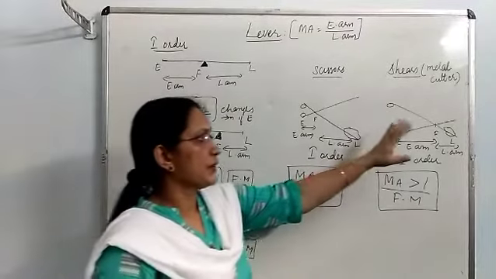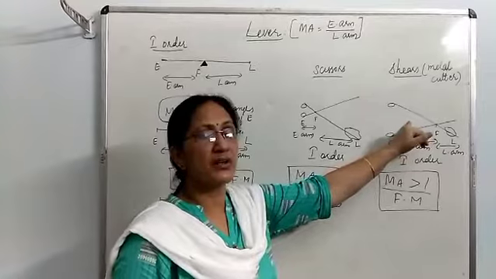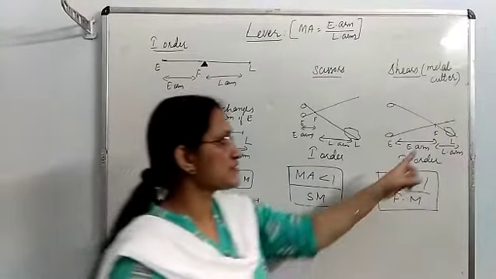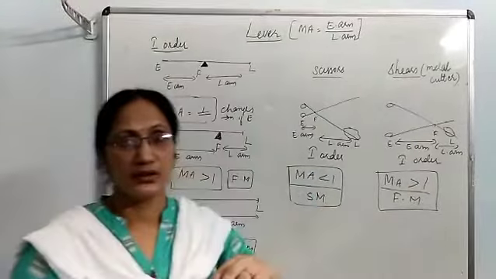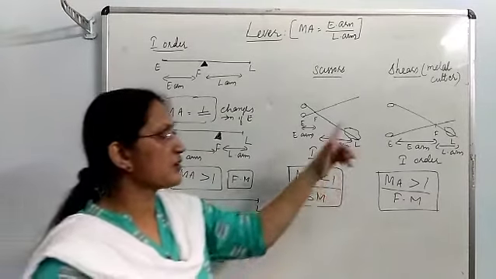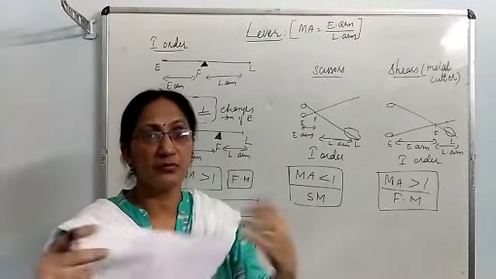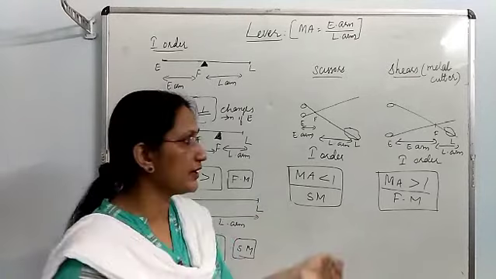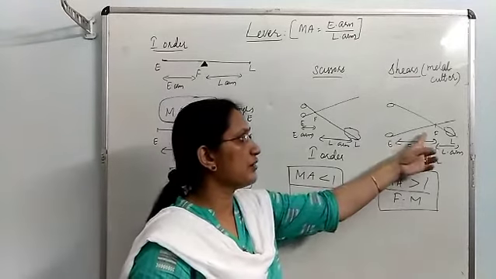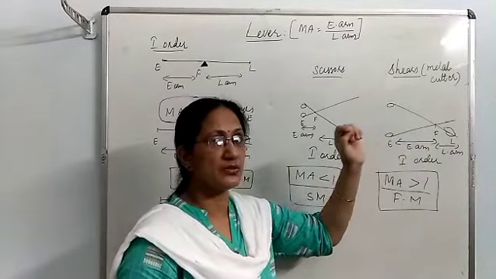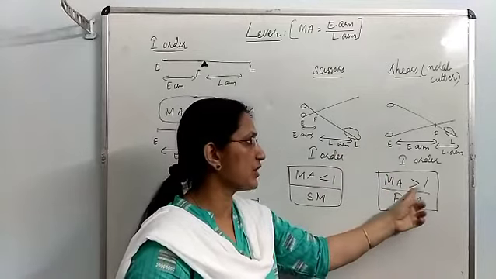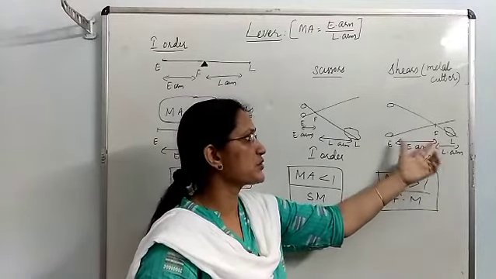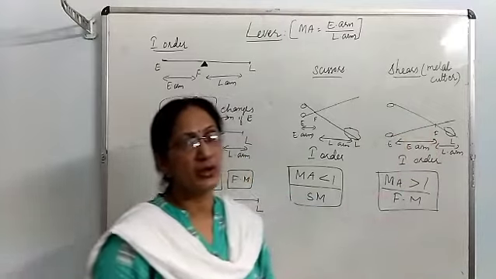Here we need force multiplication because a large force is needed to cut the metal. So in the case of shears, we want the force multiplied. So we need a force multiplying machine, so it must have MA greater than 1. That is made possible by keeping the effort arm longer.